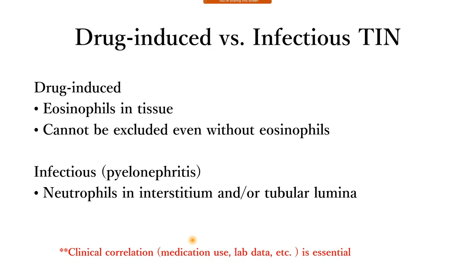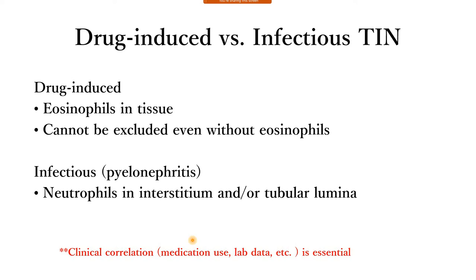So, drug-induced versus infectious TIN. It is often important for us to distinguish these two etiologies because the treatment is completely opposite. Drug-induced TIN often shows eosinophils in tissue. However, not always. Often, clearly, the patient has drug-induced TIN, but we do not see eosinophils in the tissue.